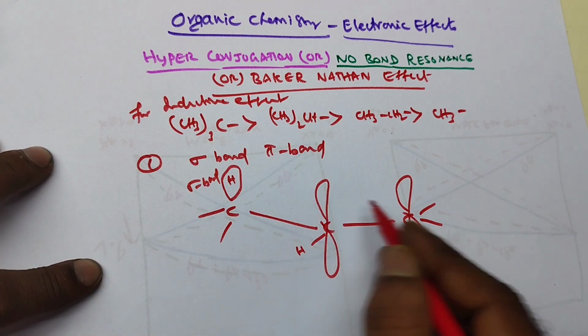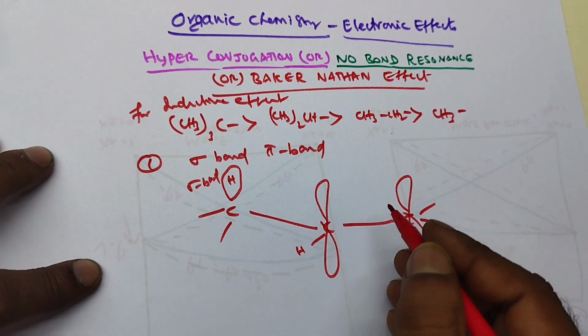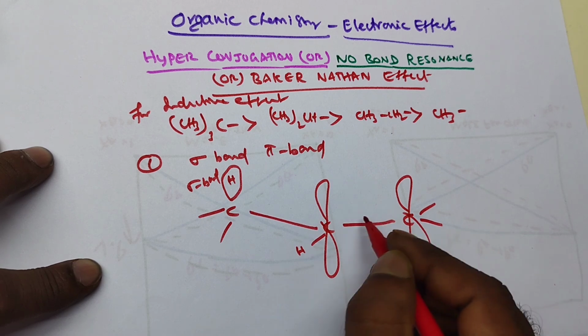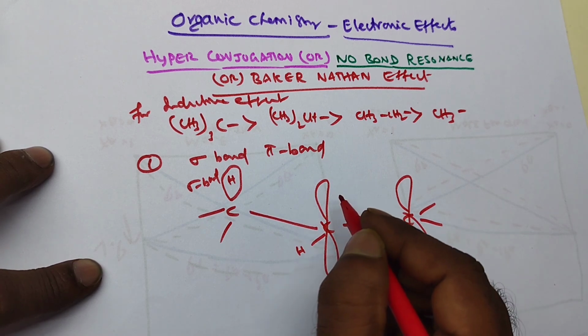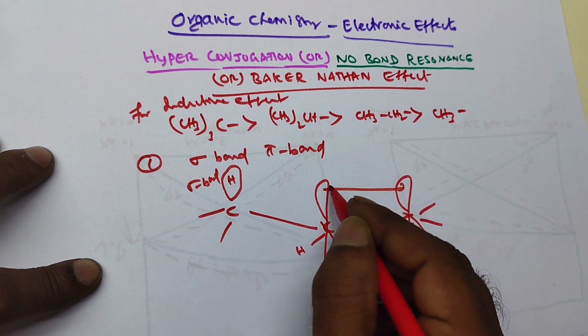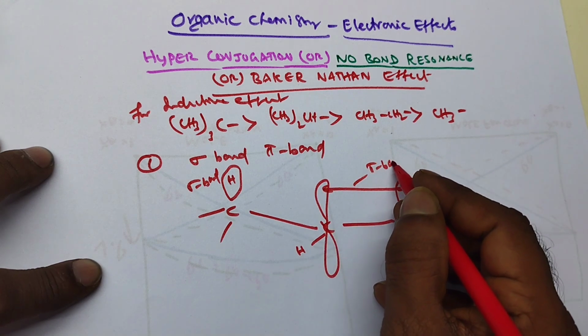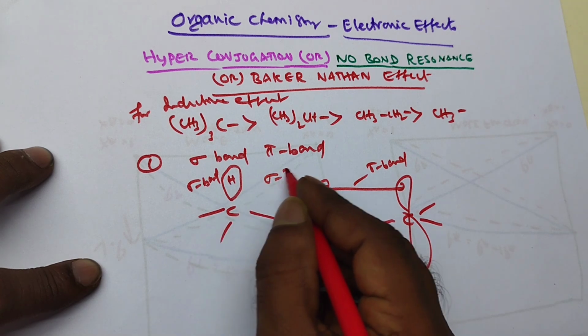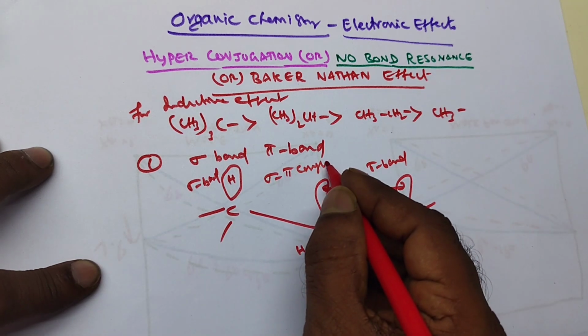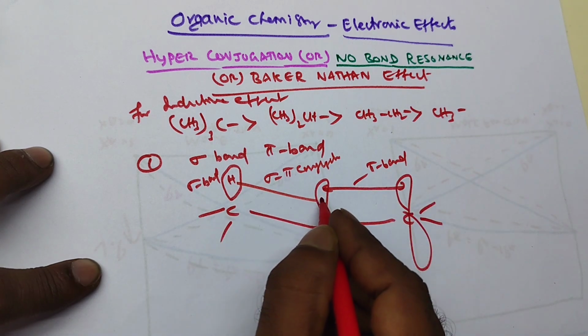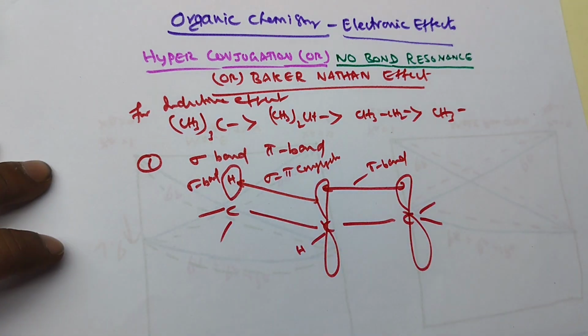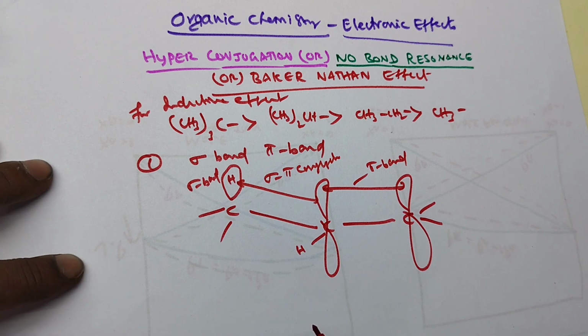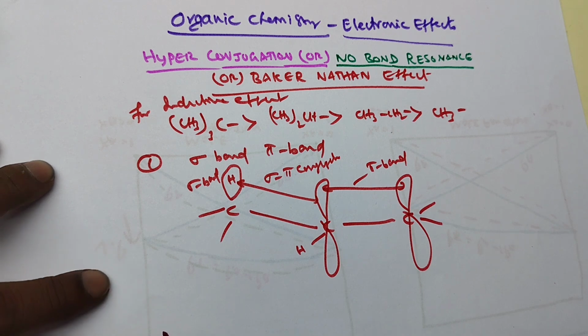So this is a pi electronic system, a carbon-carbon double bond system. Here there is an interaction between the sigma and pi conjugation. So this is the orbital representation of hyperconjugation, sigma-pi conjugation.